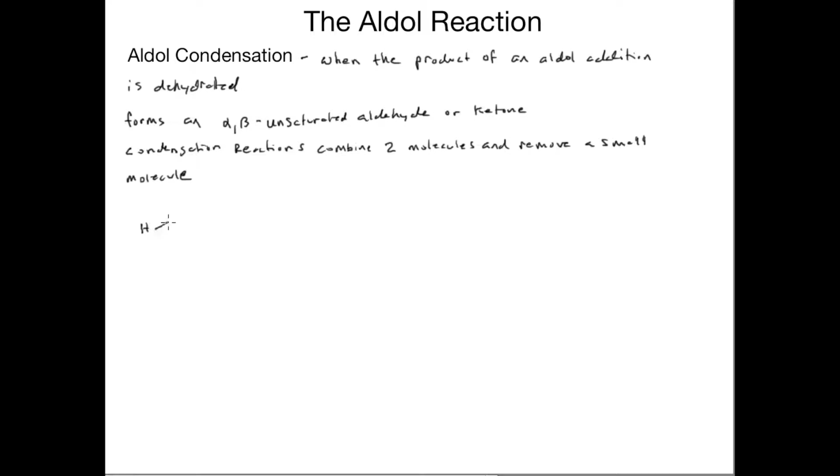So let me just give you an example. We're going to go back through the same aldol reaction that we did previously. So I'm going to draw in my hydrogens here. And here you can see that we have this base that's going to form our enolate again.